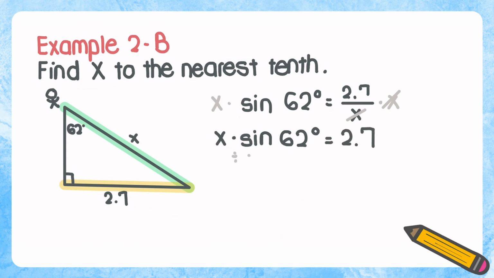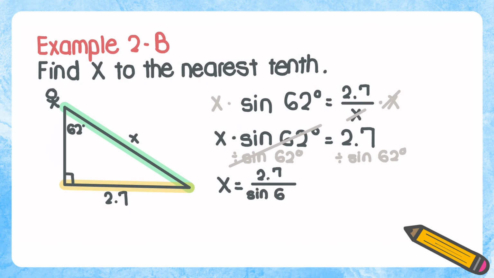And to isolate x, next I divide both sides by sine of 62 degrees, and that cancels out. So x equals 2.7 over sine of 62 degrees. And let's put this in the calculator.